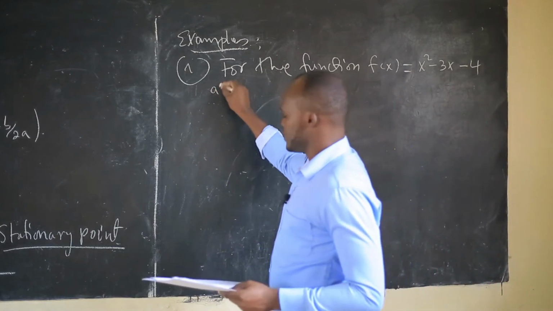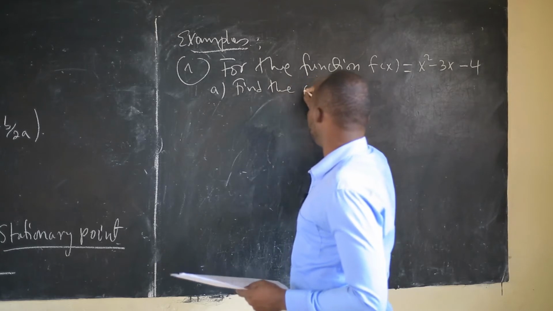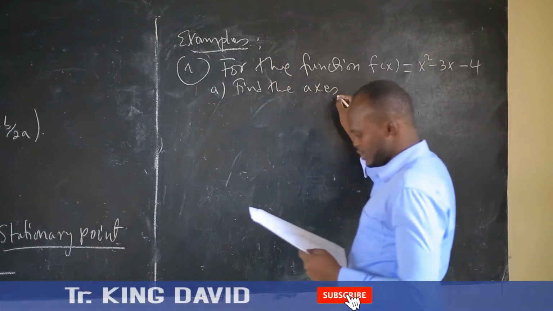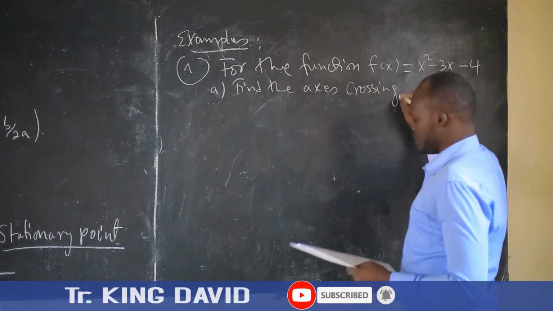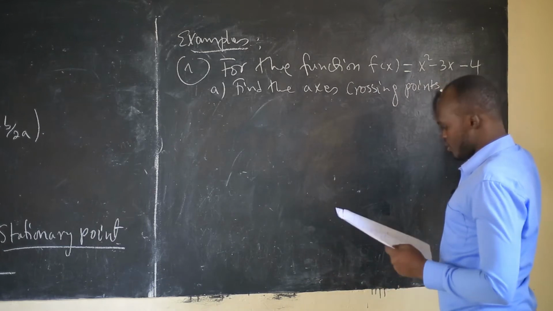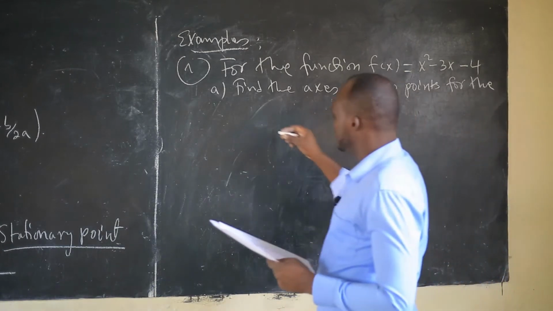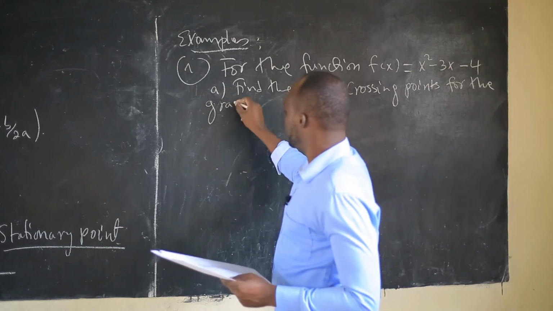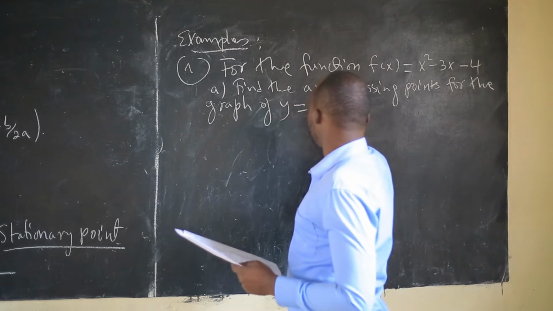A, find the axis crossing points for the graph of y equal to f of x.